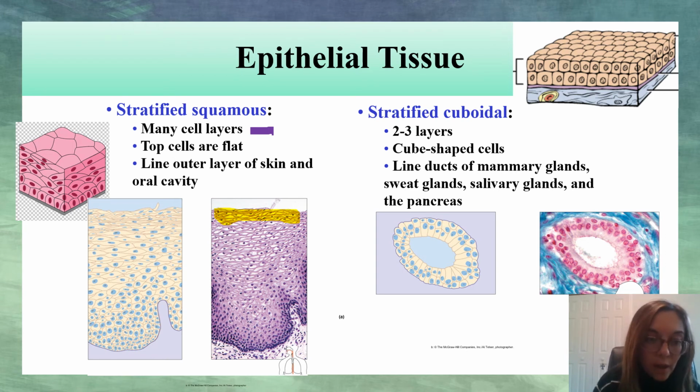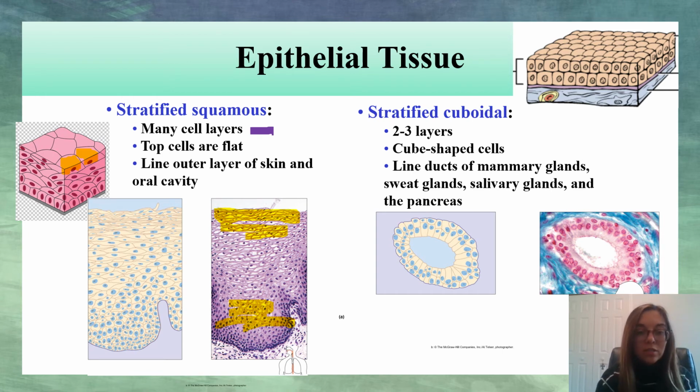Now, each outline that we have, like this is one cell, and then this is a second cell. So each outline is its own cell, where the top cells are flat, and you can see as we go on, not all is flat looking here, but towards the top they are.